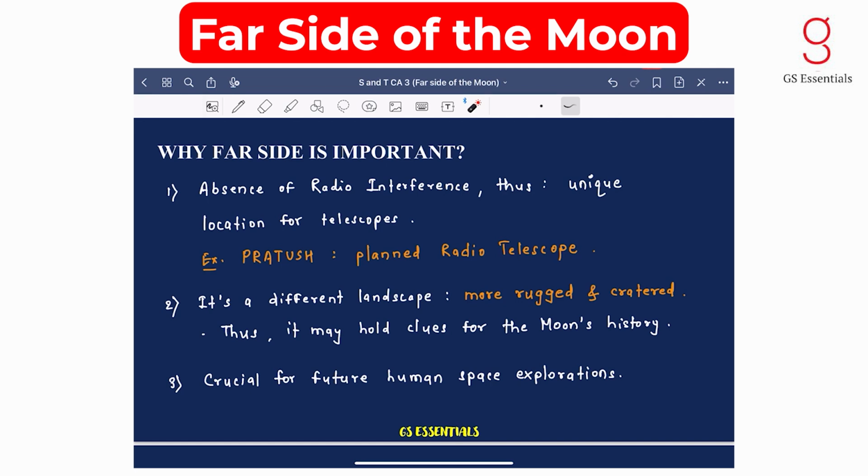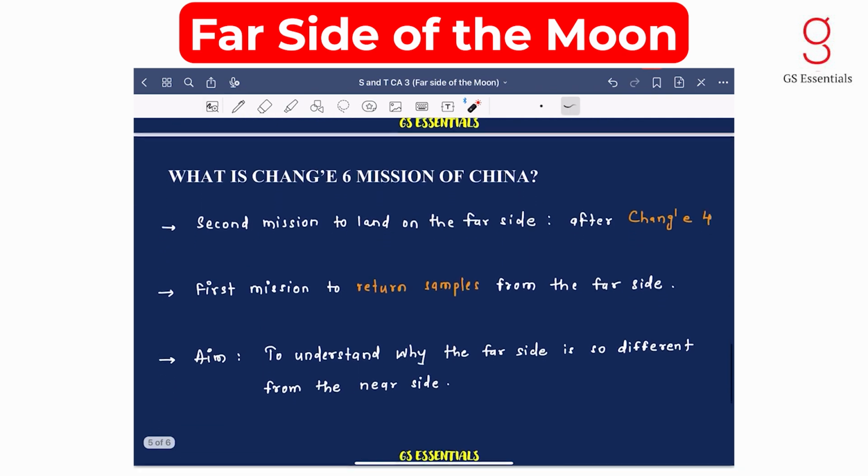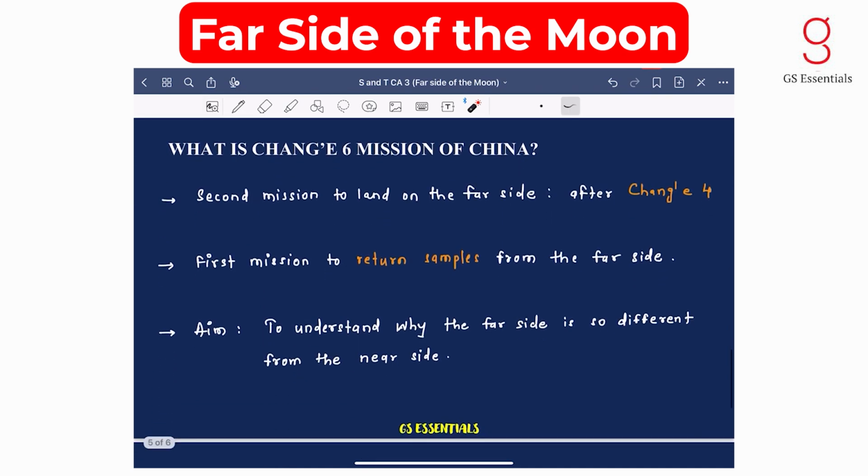Now let's try to understand what is the Chang'e 6 mission of China. Chang'e 6 is the second mission to land on the far side. In 2019, China already landed one of its missions, named Chang'e 4, on the far side of the moon.